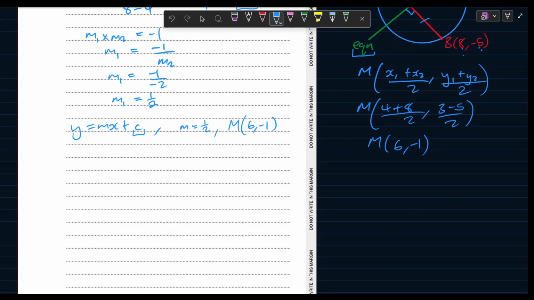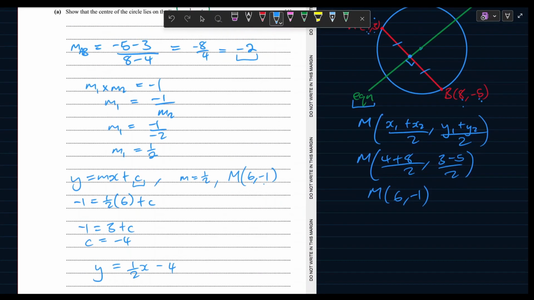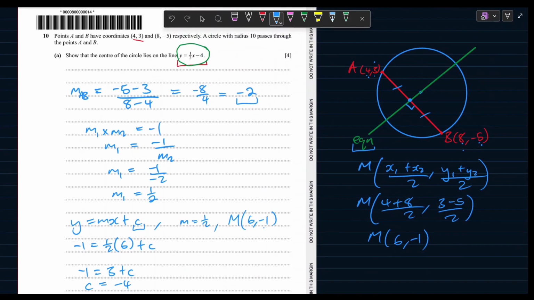So our y value is going to be -1 is equal to m, which is half, times x, which is 6, plus c. So you get -1 is equal to, that's half of 6, so 3 plus c. So you get c is equal to -1 minus 3, which is -4. And so therefore the equation of our perpendicular bisector is y is equal to half x minus 4. And I believe that's the equation they have here. Yes, y is half x minus 4.